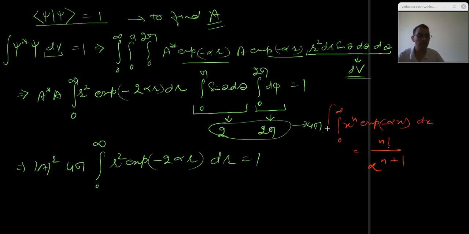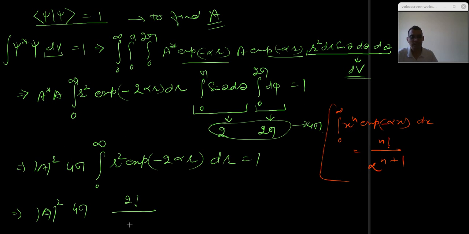If I use this formula here, I can write this as mod A square times 4 pi times 2 factorial over 2 alpha raised to power 2 plus 1, equal to 1.